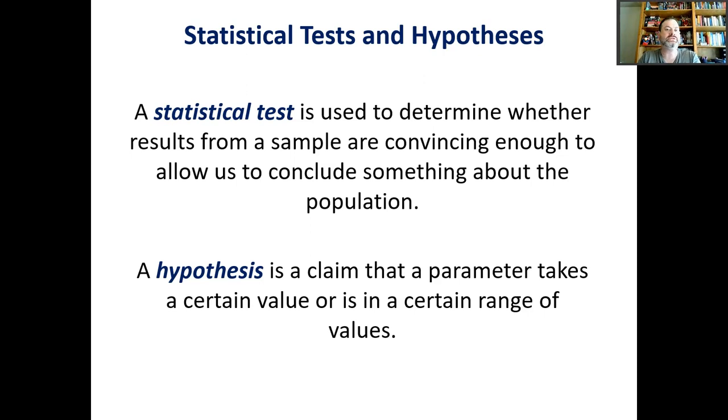And that's what we saw in the caffeine discussion, right? Did that sample provide convincing evidence that caffeine increases finger tapping speed? Don't know. We don't know how to determine that yet. But we would use a statistical test. And then at the bottom, a hypothesis.